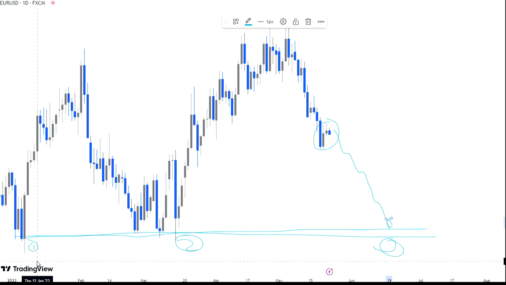Then this one will be the first touch, second touch, and this one will be the third touch. As we know in falcon trading, we have multiple touches: the 30 touch and the 5 touch. The 30 touch and 5 touch are the potential touches that you have to trade.